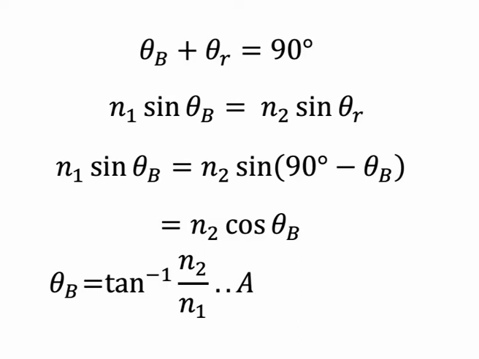If the incident and reflected rays travel in air, we can approximate n1 as unity and let n represent n2 in order to write equation A as theta b is equal to tan inverse n, the simplified version of equation A known as Brewster's law.